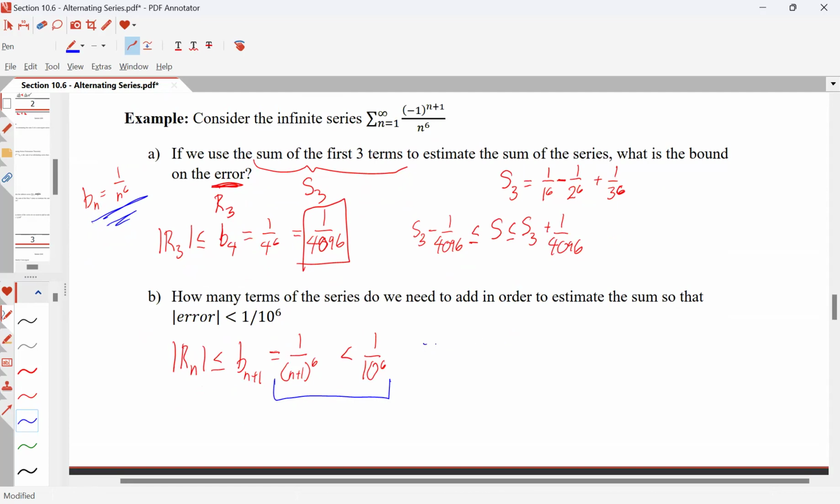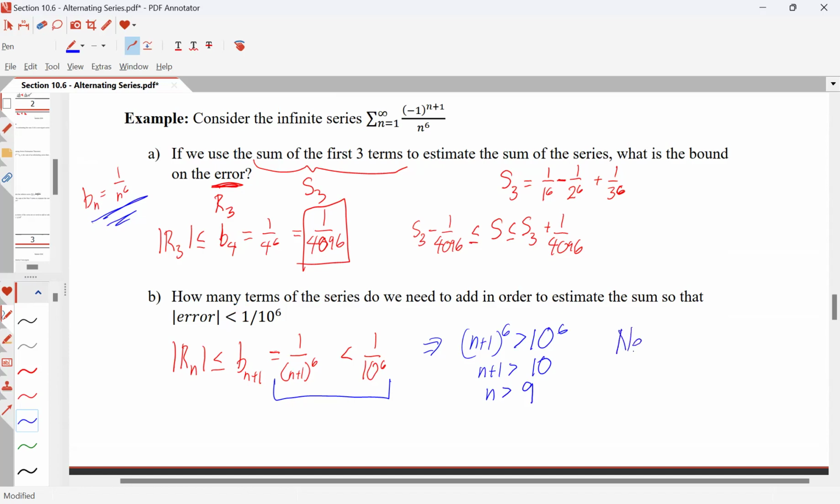This implies, taking the reciprocal, n plus 1 to the 6th is bigger than 10 to the 6th. So n plus 1 is bigger than 10, or n is bigger than 9. Because of these strict inequalities, these are not greater than or equal to, but less than or greater than.